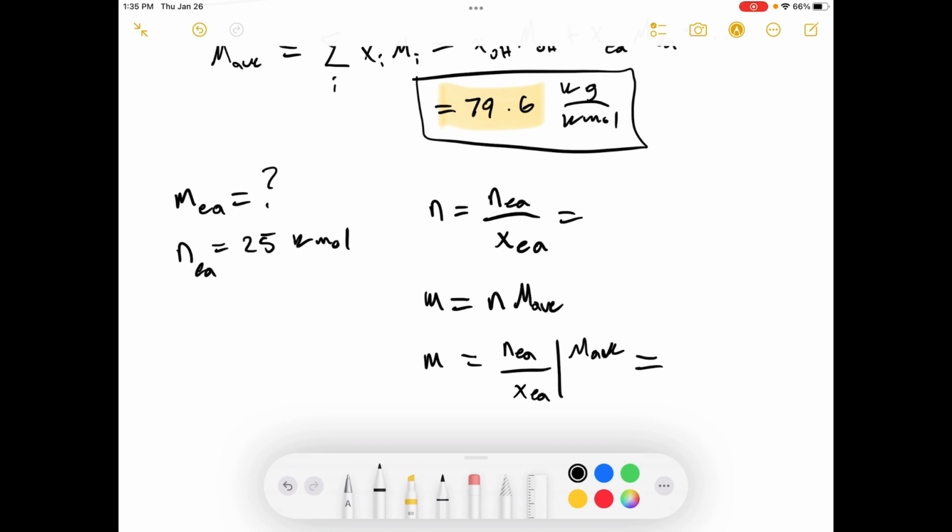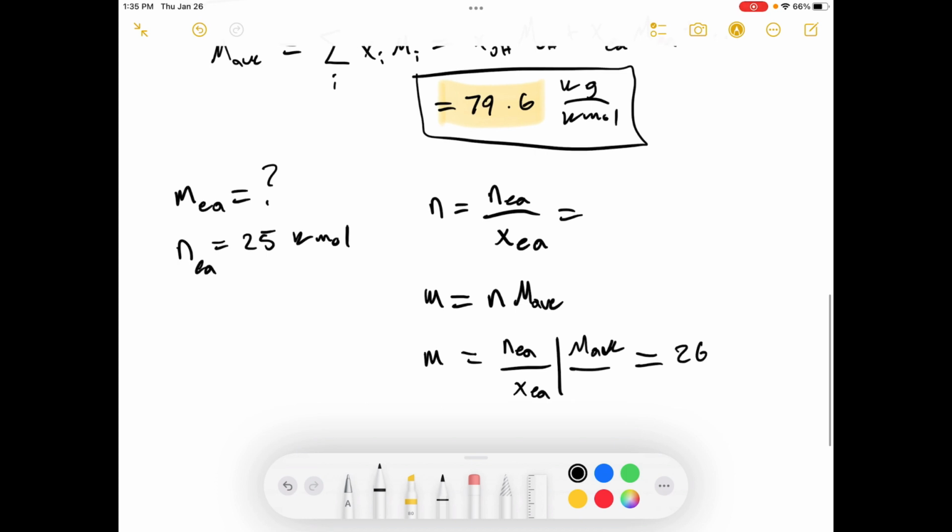And this should give us the mass of the sample, which is 26.60 kilograms of sample. Great, so that is the answer to problem number 3.19.